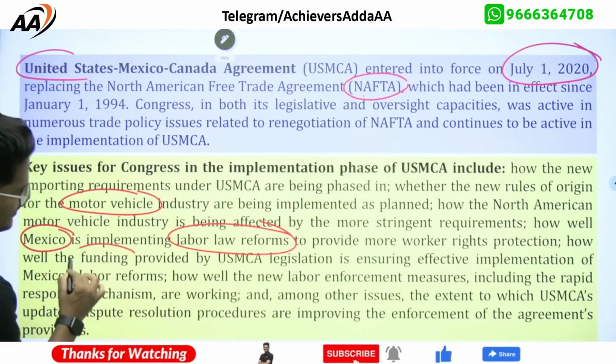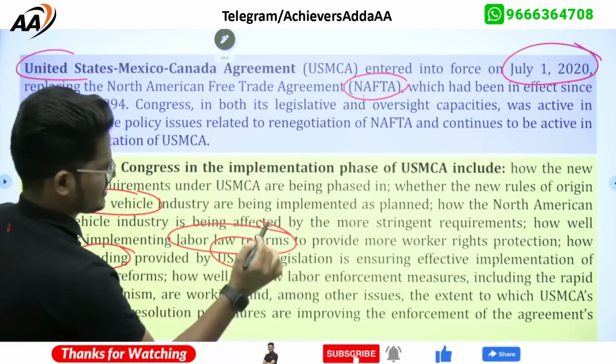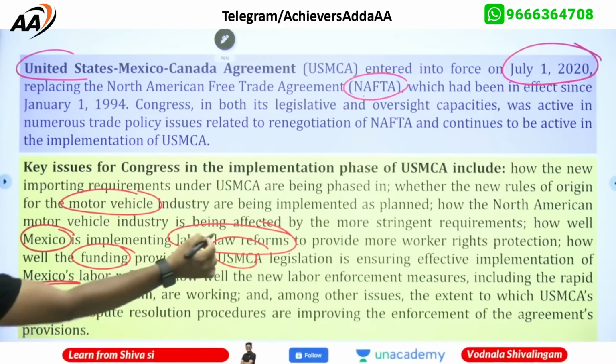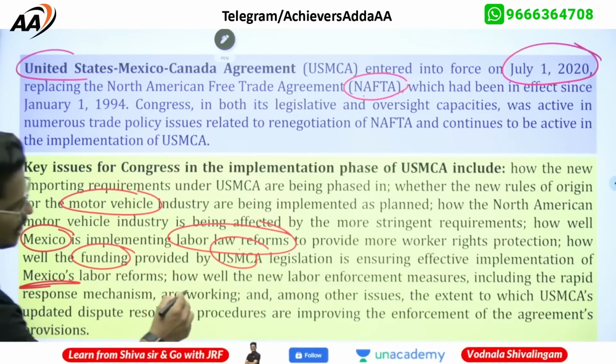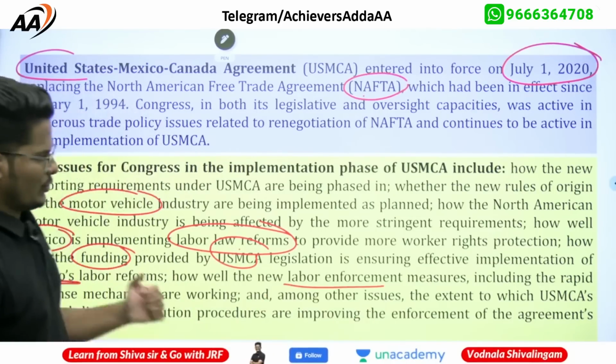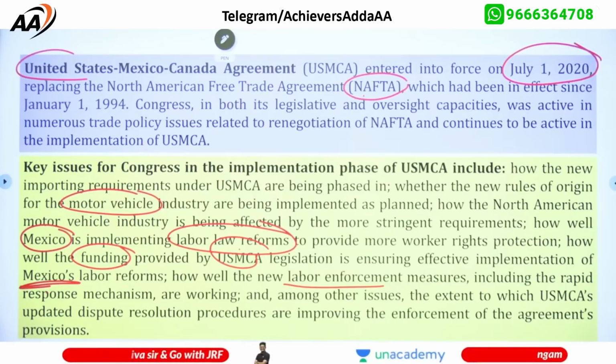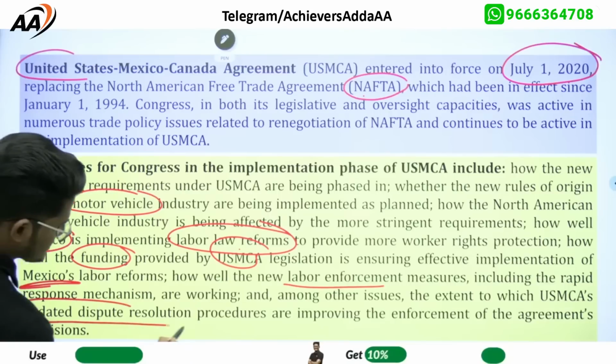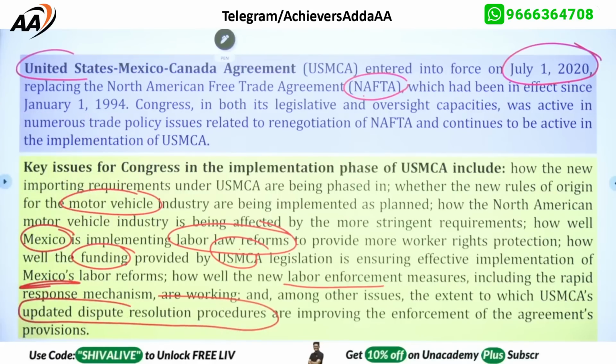How well funding is provided by the USMCA legislation, ensuring effective implementation of Mexico's labor law reforms, and how well the labor enforcement measures, including a rapid response mechanism, are working. Among the other issues, the USMCA's updated dispute resolution procedures are improving.